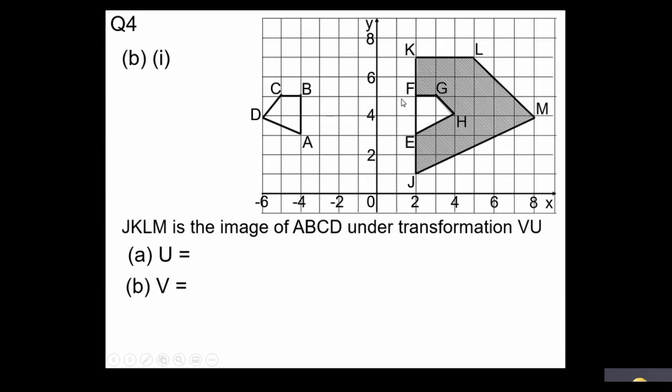You calculate from B to F. How many units? 1, 2, 3, 4, 5, 6. If you take 6 divided by 2, you get 3. So 1, 2, 3. This will be the line. What line is this? X equals to negative 1. Reflection needs no center, only the line. You only need the reflection line.